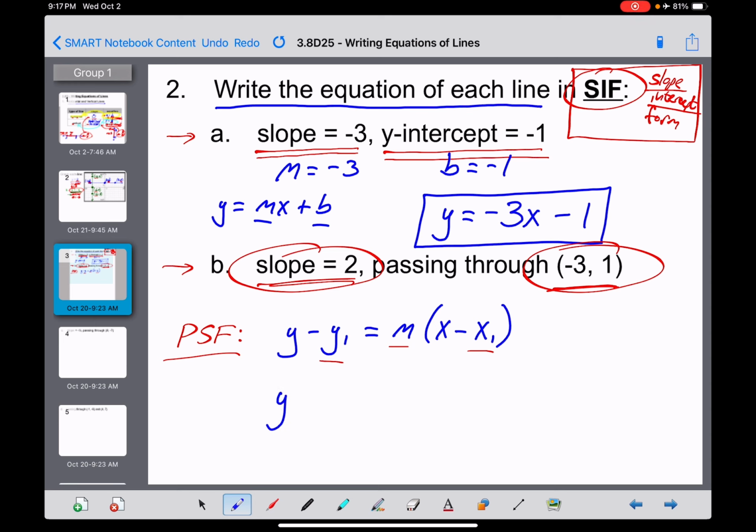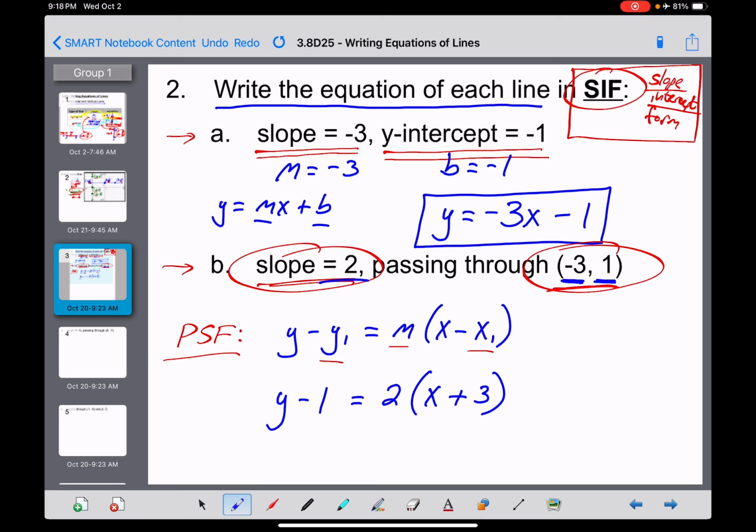So this is going to be y minus our y coordinate here, which is 1, equals m, our slope, which is 2, and then in parentheses, x minus your x coordinate of the point you know on your line, -3. And minus -3 just becomes plus 3. And that's our equation, everybody, in point-slope form.